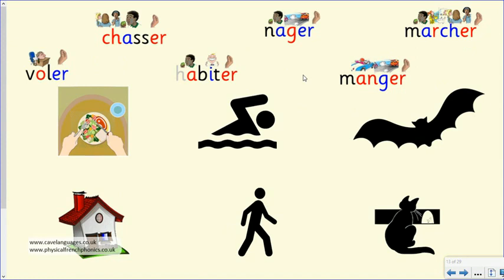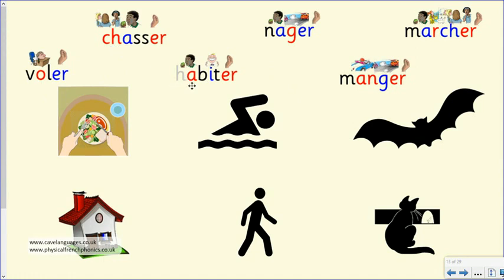Do you remember from the last project? It means to. So it's meaning to eat, to live, to walk. And er on the end of a verb goes the Italian action e. So let's have a go at pronouncing them. See if you can say it before me. Voler, this one. Chasser, this one.